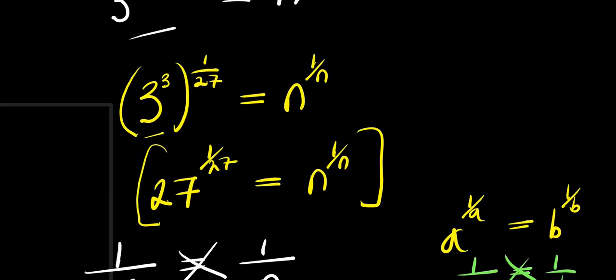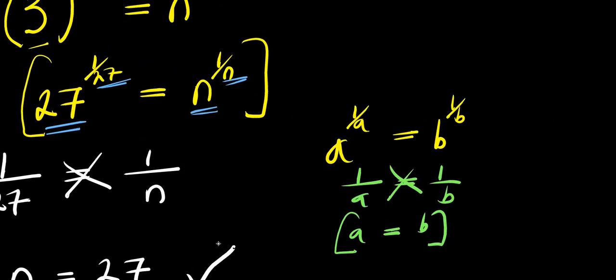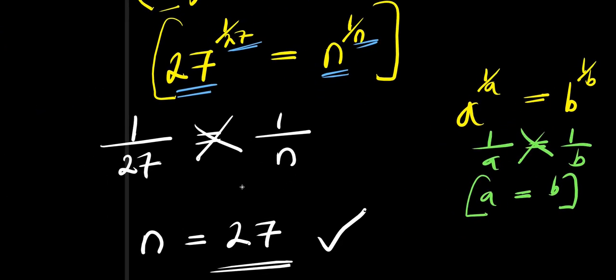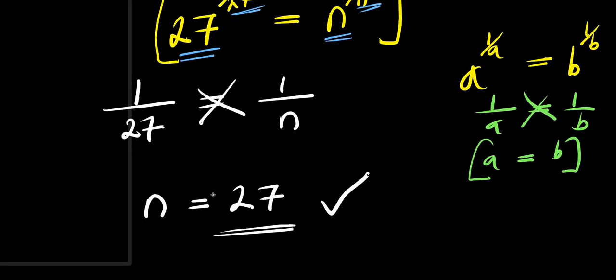At the end, you are going to have the base here and this to be the same, which equals this and this. So at this point, we can easily equate the exponent based on this particular identity of a^(1/a) equals b^(1/b). So we did the same thing by cross multiplying, and we discovered that n equals 27.